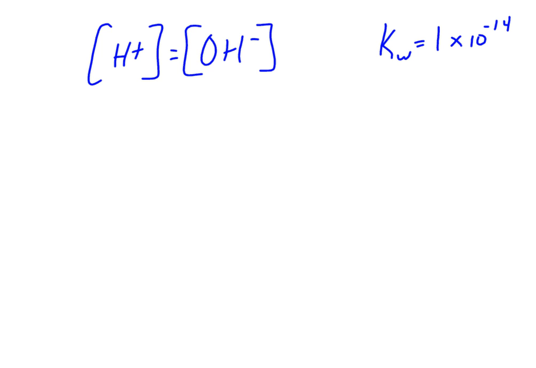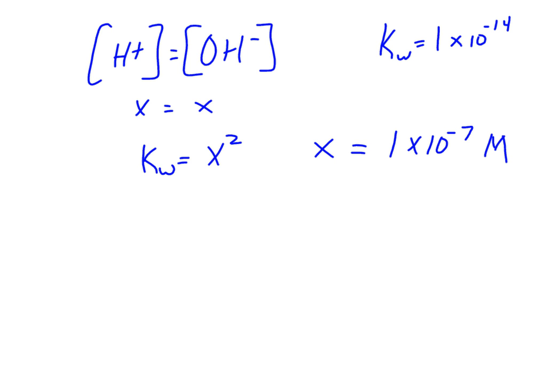If those two are equal, then we can set each equal to x, and say that the Kw would be equal to x squared. If we take the square root of the Kw, x would be 1 times 10 to the minus 7th molar. So at a molarity of 1 times 10 to the minus 7th for H plus and OH minus, we would have a neutral solution.